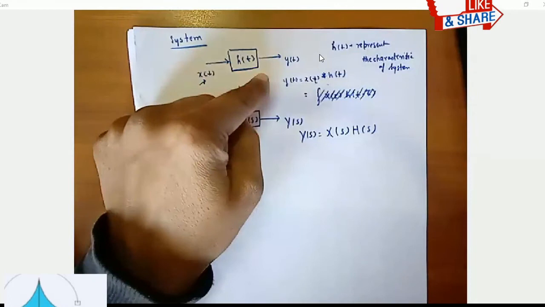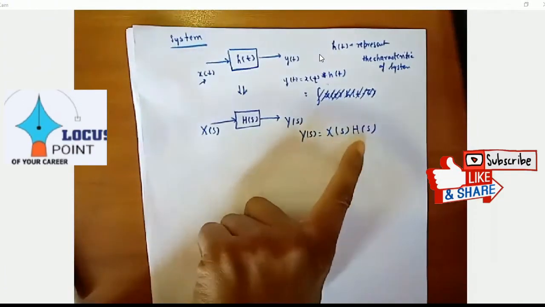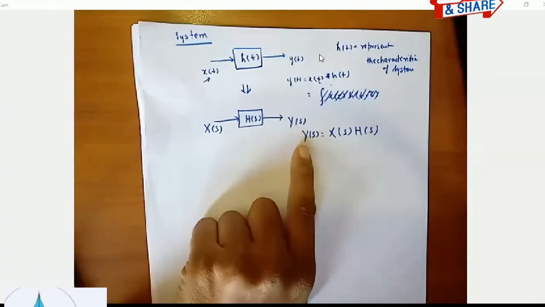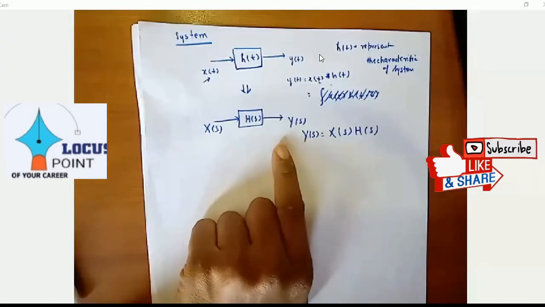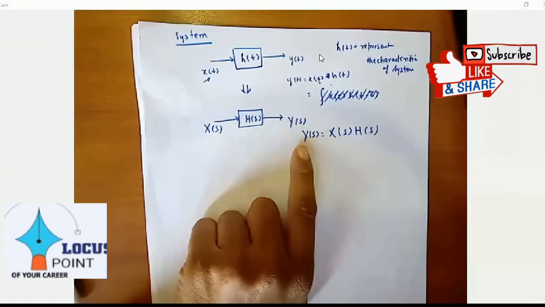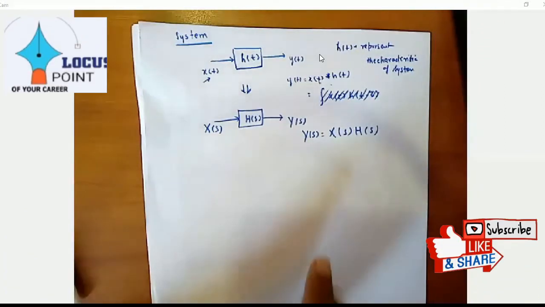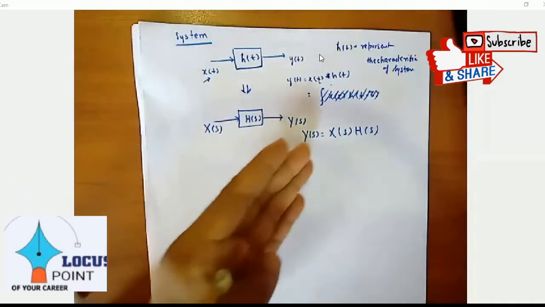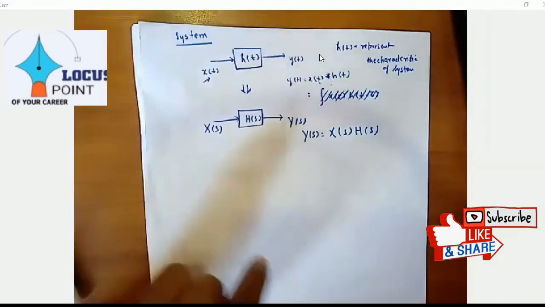Now look here. In the time domain you need to do convolution, but here you simply multiply the input and the impulse response in the frequency domain and you get the output. Once you get this output, you can take the inverse Laplace through partial fractions, which we have already discussed. But since we are revising, we will definitely revise how to convert from the frequency domain to the time domain.